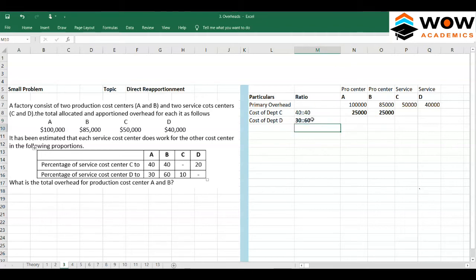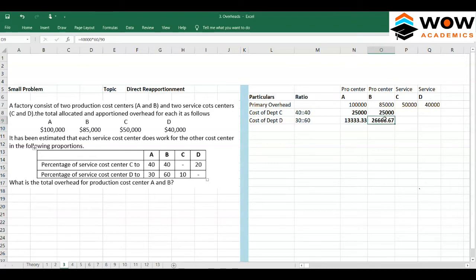So 40,000 into 30 divided by the total of these two, which comes to 90. We do the same for the other department, where it is 60. So this is 30 is to 60.